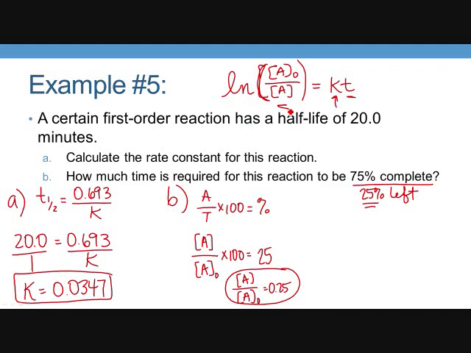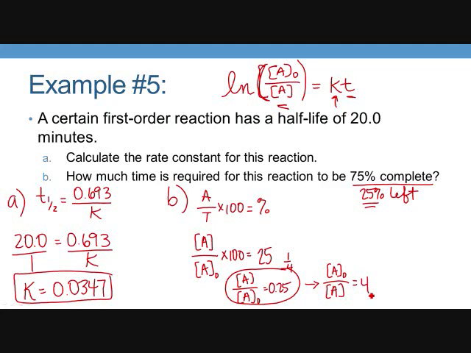So if we invert, we're going to have A0 over A, and if the 0.25 was 1/4, when we flip it, that's going to be 4 over 1, right? So that means that A0 over A equals 4.